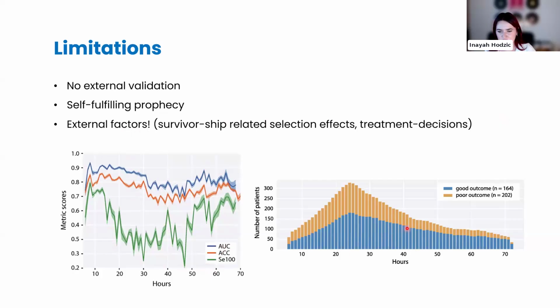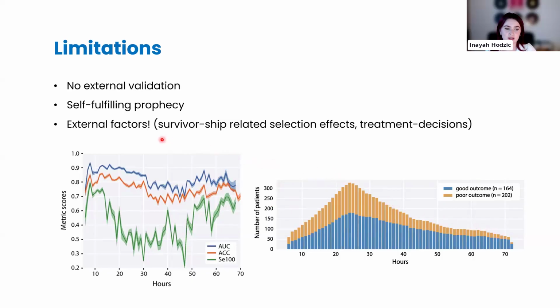So as you can see, starting from the 40-hour mark and down, the number of poor outcome patients is significantly reduced in comparison to the good outcome patients. So you have patients with poor outcome who have perhaps already passed away in the meantime or been discharged, et cetera, which could explain this sudden surge in performance scores, because you are left with a lot of patients who have good outcome.